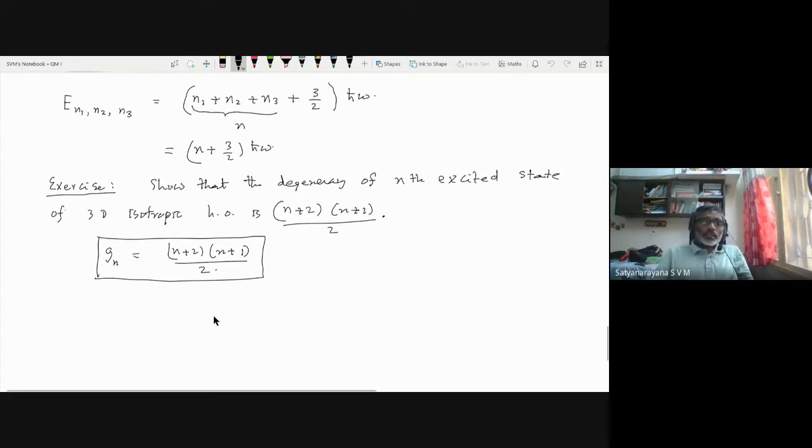So once you get this, then you can think of asking a question. The three-dimensional harmonic oscillator is what we said, but as a continuation of this, you can ask: suppose you have a d-dimensional isotropic harmonic oscillator.